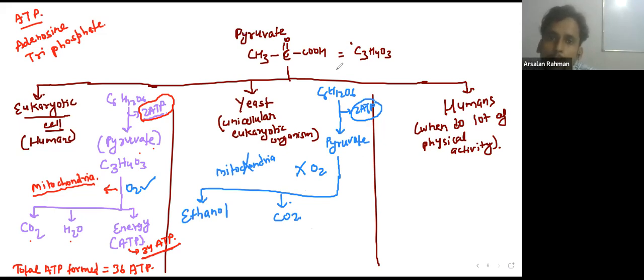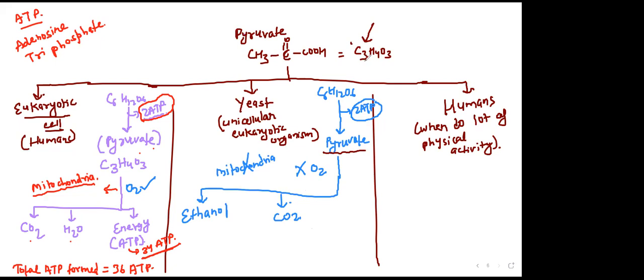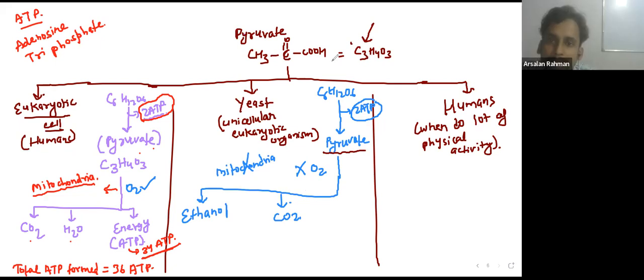How many carbons are present in pyruvate? See here. How many carbons can you see? 3 carbons are present in pyruvate. 1 carbon is released in the form of CO2.